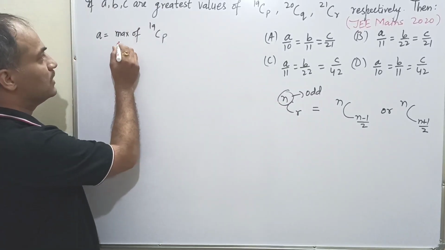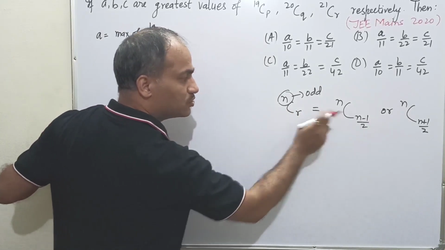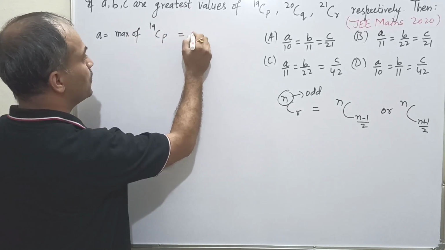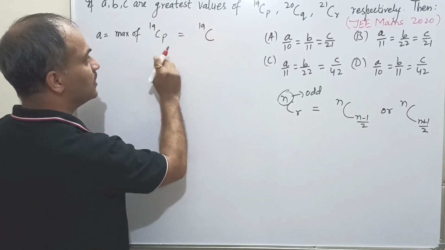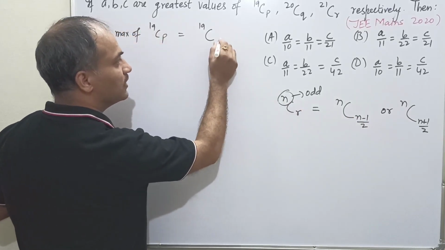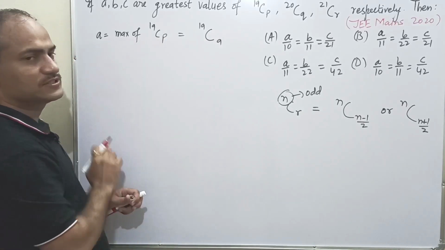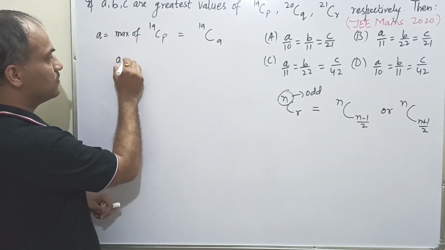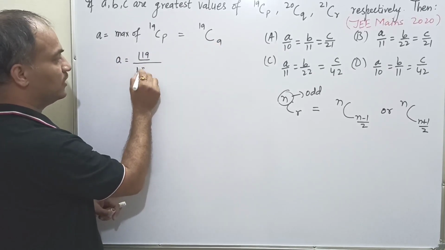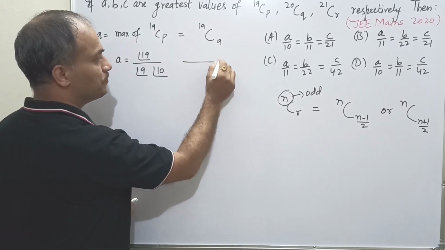So the maximum is at (n minus 1)/2, and n is 19. So this will be 19C, 19 minus 1 is 18, and 18 by 2 is 9. So 19C9 is the maximum value of this. So A is equal to 19 factorial upon factorial 9 and factorial 19 minus 9, that is factorial 10. So this is equation number 1.